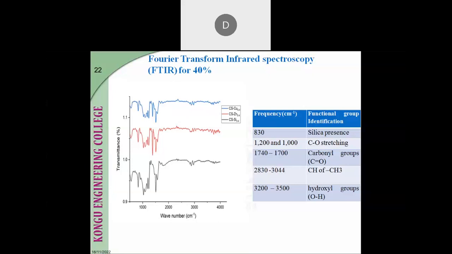Finally, the FTIR spectra revealed that the activated carbon has completely switched to carbon.